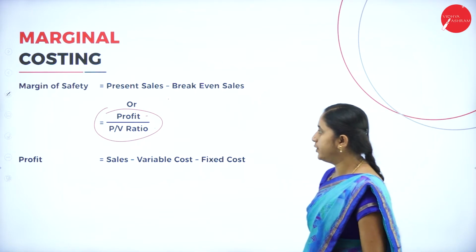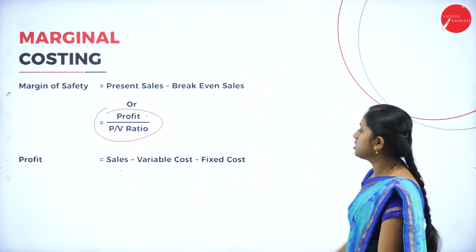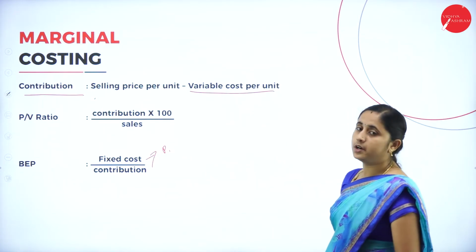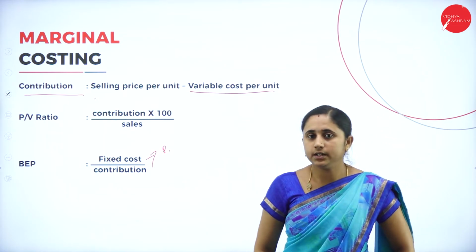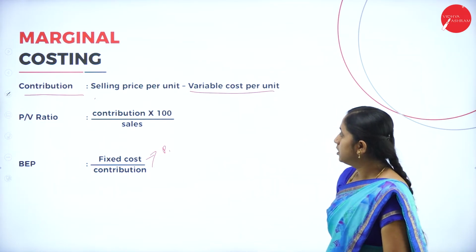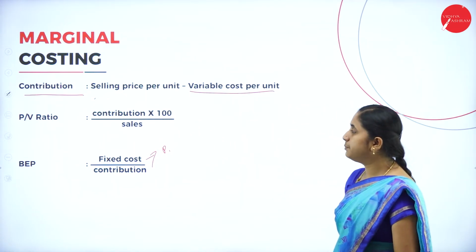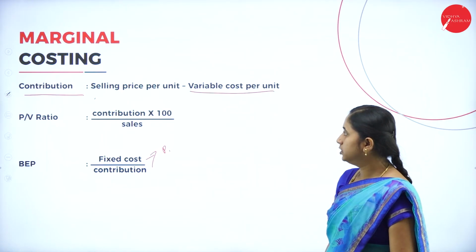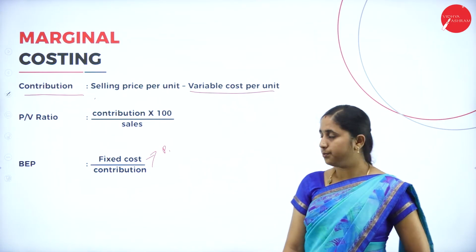Next, profit. To calculate profit: sales minus variable cost minus fixed cost. So these are some formulas. You need to remember these formulas for further calculation. You will have problems on contribution, PV ratio, BEP, and margin of safety. So remember these formulas to solve the problems.